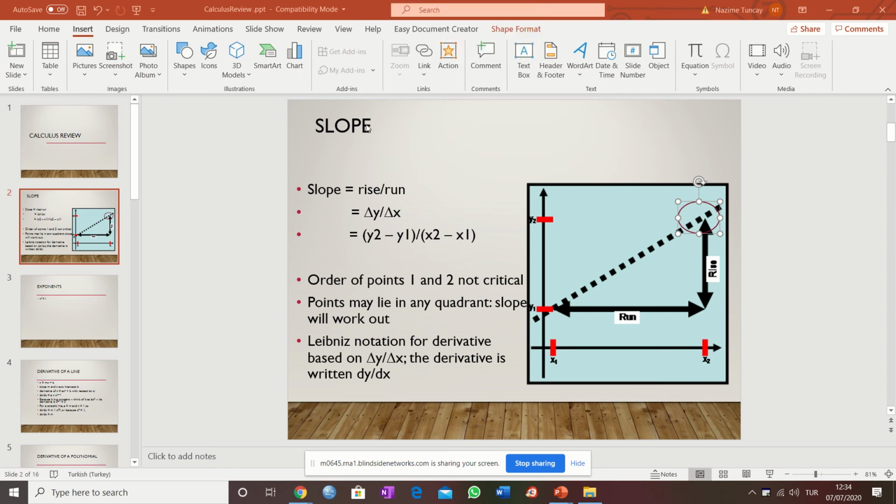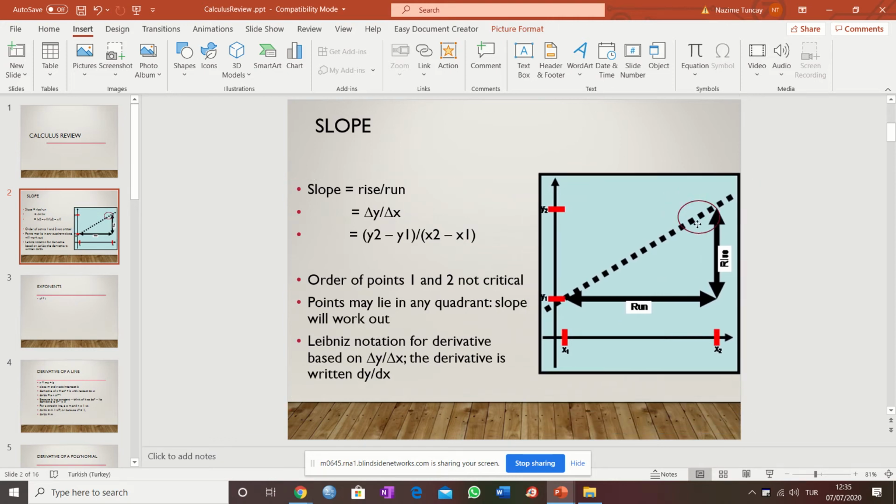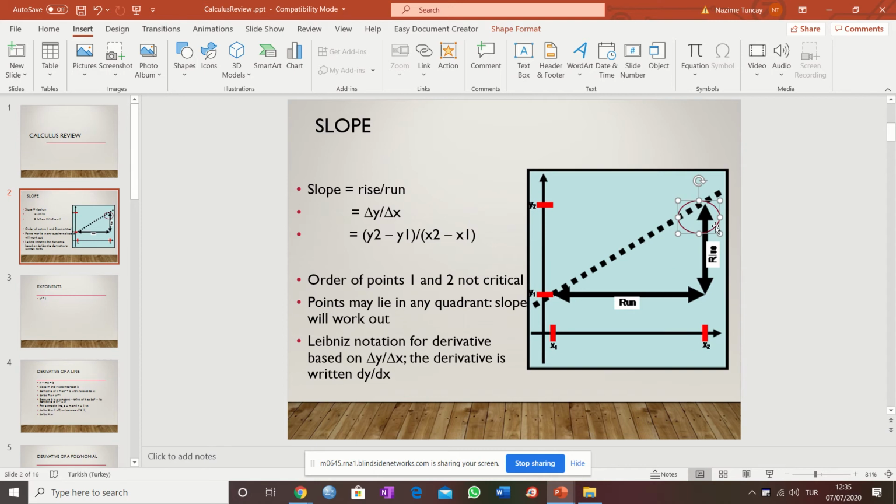Now we are having revision of the slope and calculus 1 subjects, derivatives here. We were talking about this point here, how we express it.